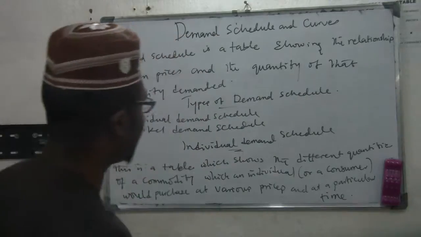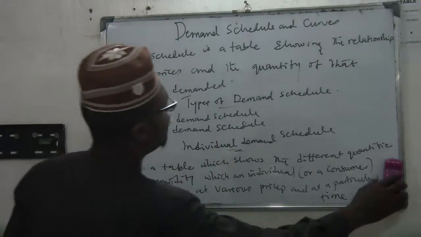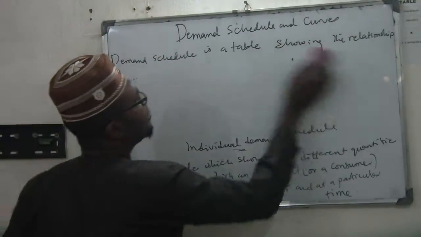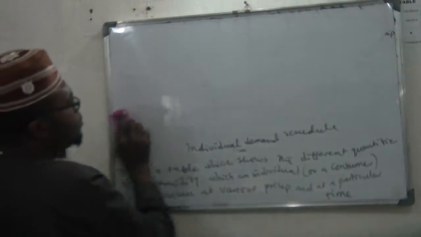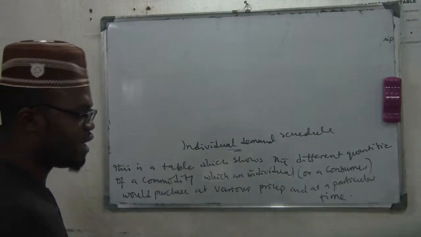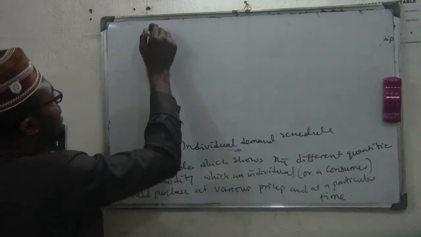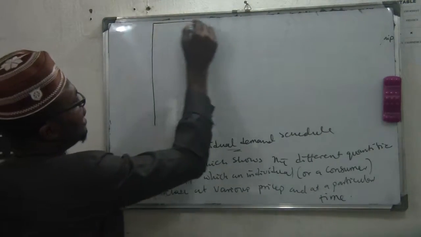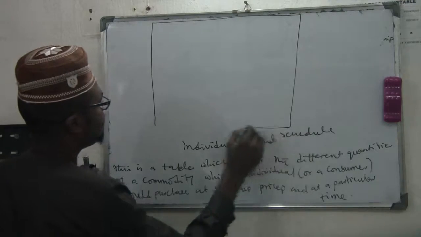And we're going to show an example of an individual demand schedule using the following diagram. Whenever you talk about a demand schedule, you're going to have a table like this.